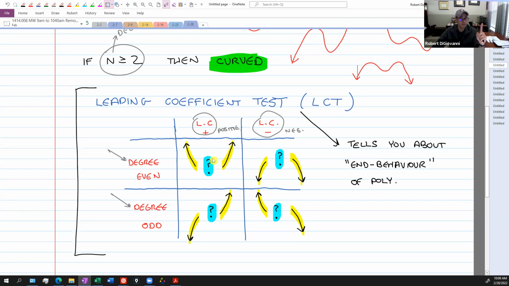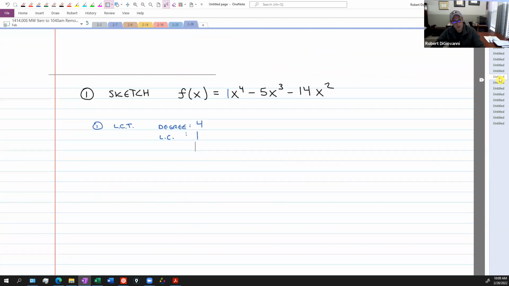Make sense? So the degree is even and the leading coefficient is positive. And so I know that the left side goes up. In the middle, I'm not sure what happens, but the right side also goes up. That's what I know so far.